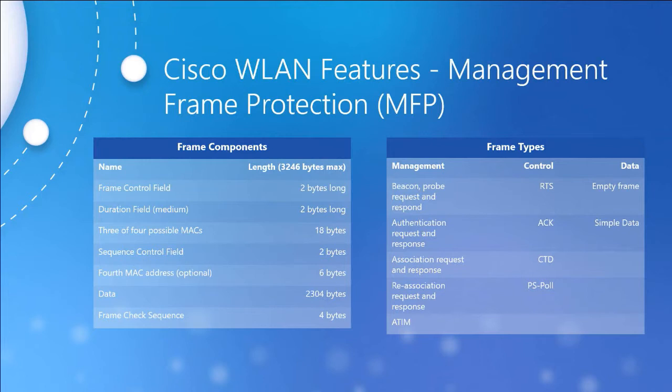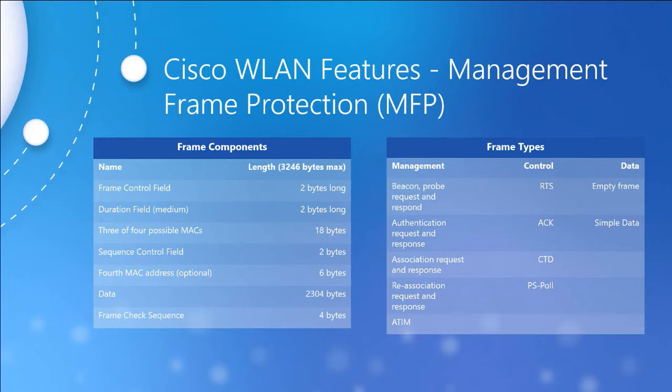So we have a few different frame types available to us on 802.11 networks. Now, when you break down those frame components themselves, they're basically what you see in these two tables we have listed here. The frame control field is of particular importance to communication in wireless networks.